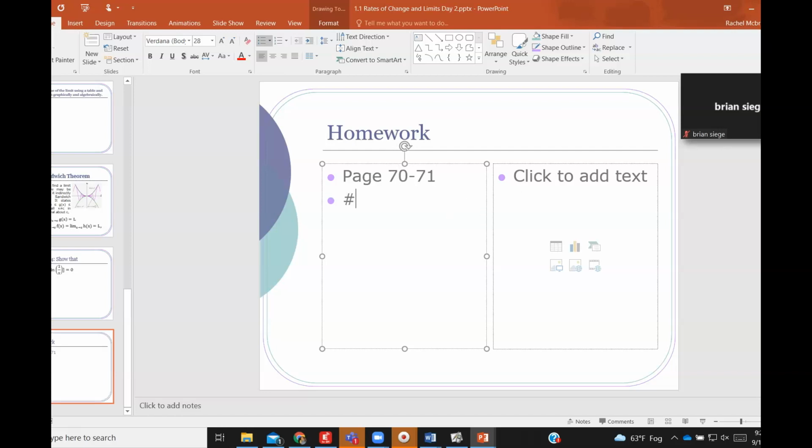And we're going to look at 43. Let's do 43 to 49 odd.